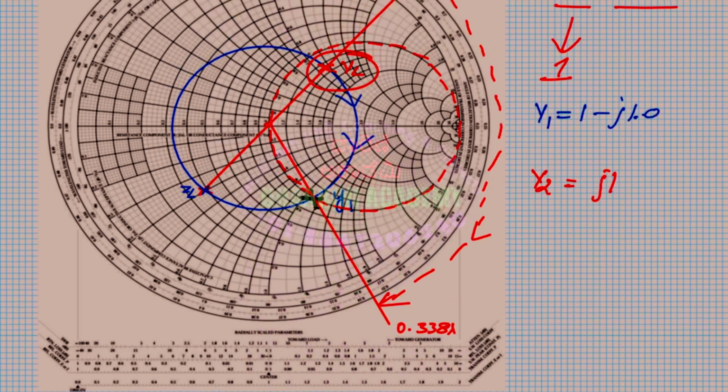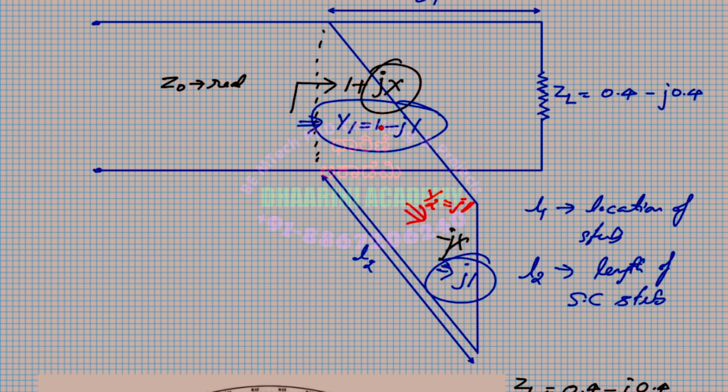For this new transmission line, I have a starting value of minus j1, which should become plus j1. In the sense, along this particular line, I should move towards the load or towards the generator. You have to answer that. Am I moving towards the load or towards the generator? The direction which I marked here.